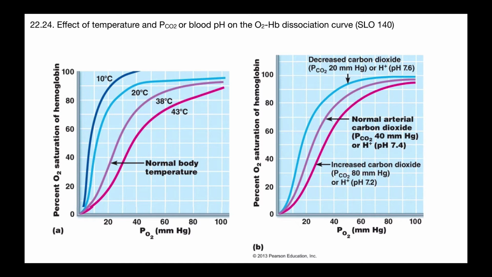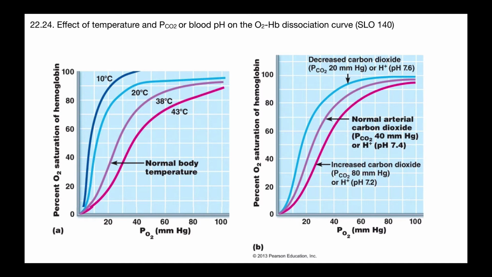But there comes a point, and we'll talk about this when we're doing metabolism later, when it becomes too difficult for the body to shed heat. When that's the case, hemoglobin can denature a little bit. The effect of denaturation makes it easier for it to dump off oxygen into the tissues.